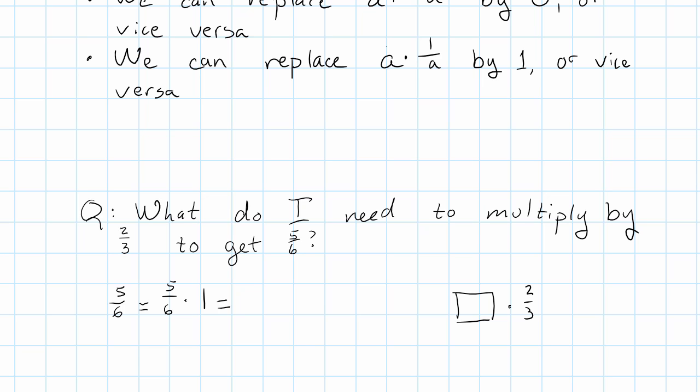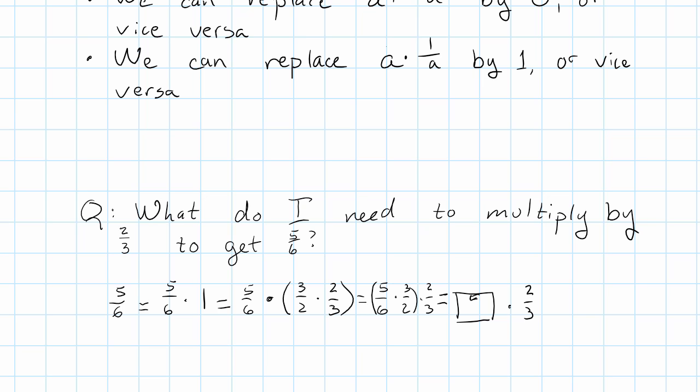Now my goal is to get that in the form something times 2/3. Well, I know that 1 is 3/2 times 2/3. Now I can apply the associative property to say 5/6 times 3/2 times 2/3. And that's going to be equivalent to, let's see, 5/6 times 3/2.